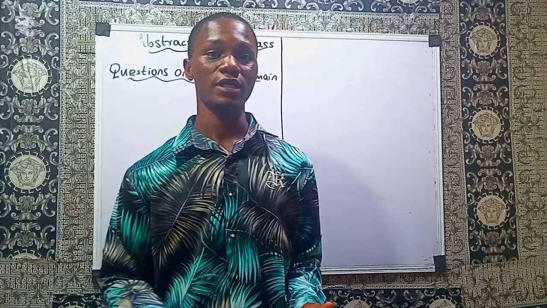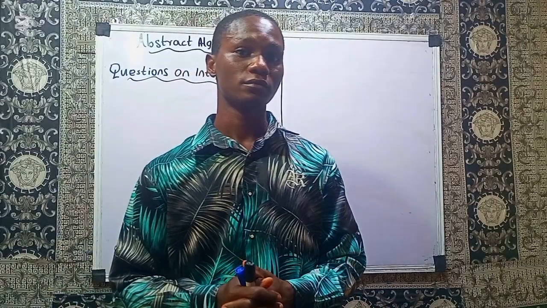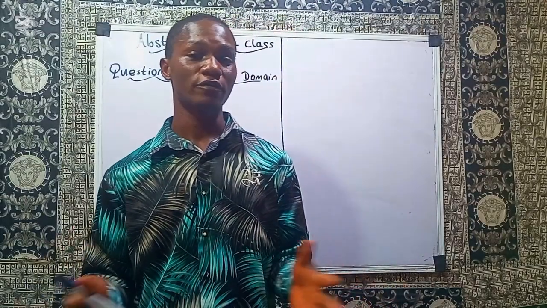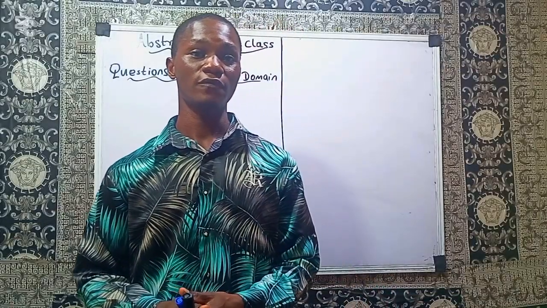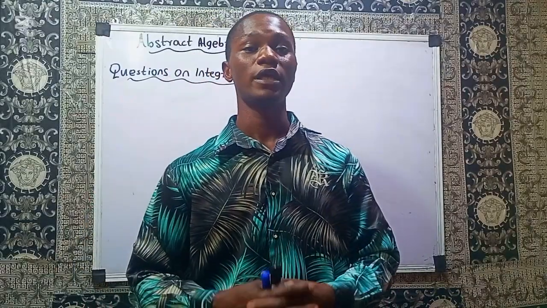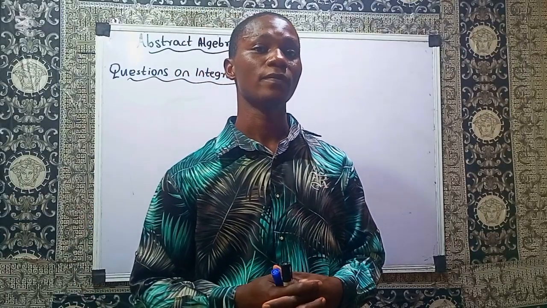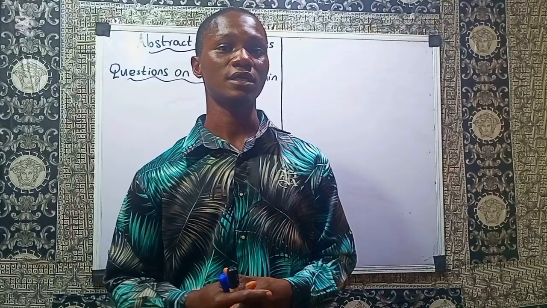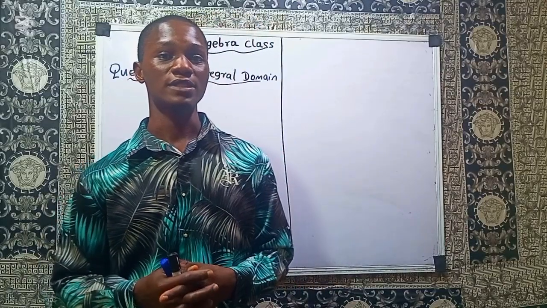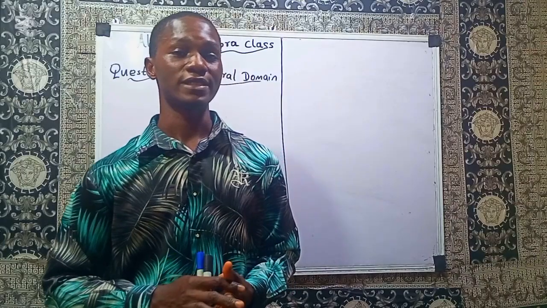We said the ring of integers, the ring of rational numbers, the ring of real numbers, the ring of complex numbers, and the ring of integers modulo a prime, that's Zp, where p is a prime. We also, in our second video, saw examples of non-integral domains.